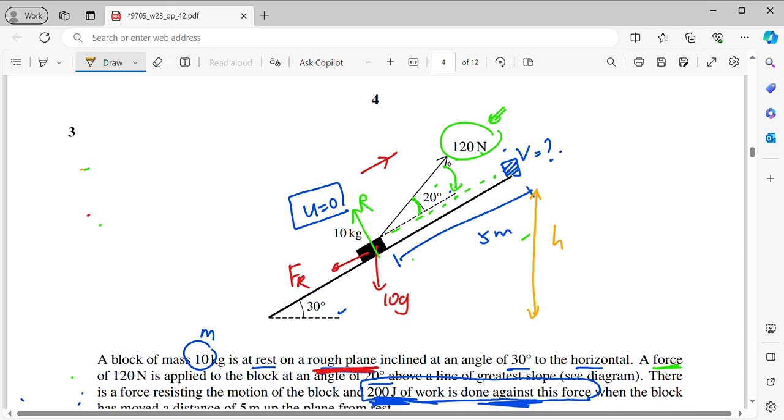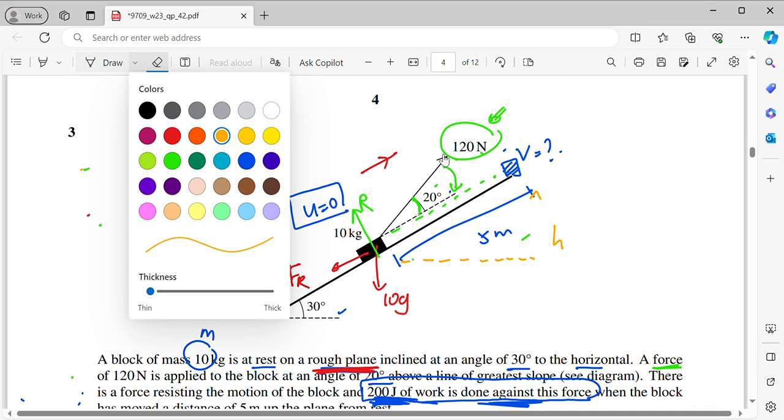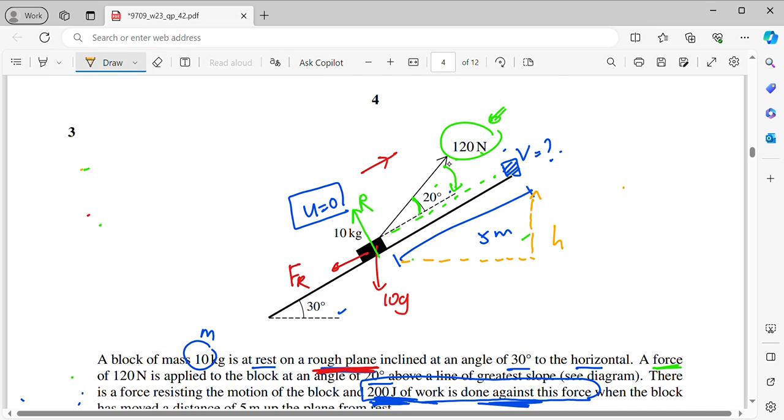Since the block is starting here, I will not count until the bottom of the plane. So my h is over here. This is 30 degrees. Now I'm resolving this 5 meters, I need to go up.